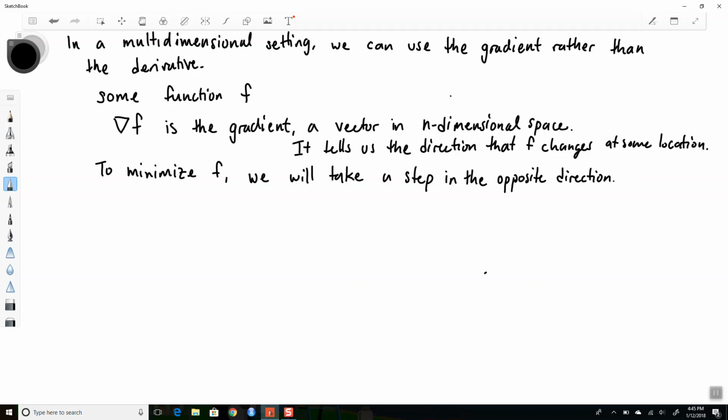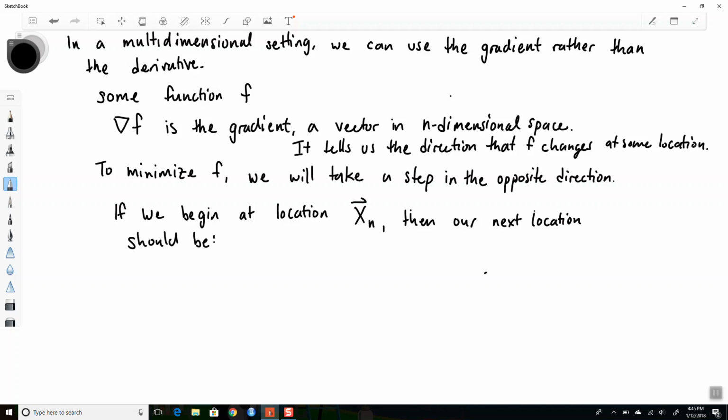Okay, so we'll say if we begin at location x sub n, then our next location, x n plus 1, should be our location x n, and we're going to take a step in the opposite direction of whatever our gradient is at location x sub n.